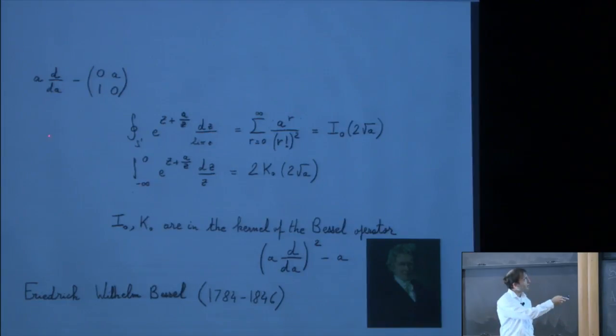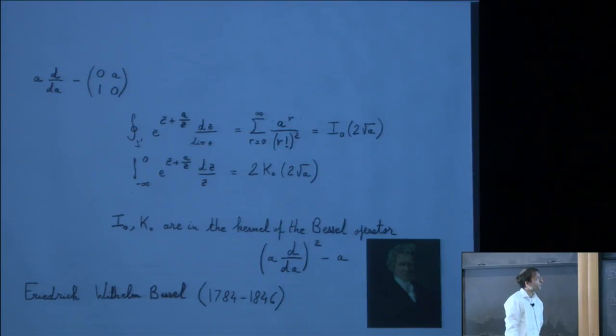You take this differential operator, and Bessel functions are solutions of this linear matrix ODE. You can make it a scalar ODE, which is probably what Bessel did, and then it's rank 2. There are 2 linearly independent solutions.